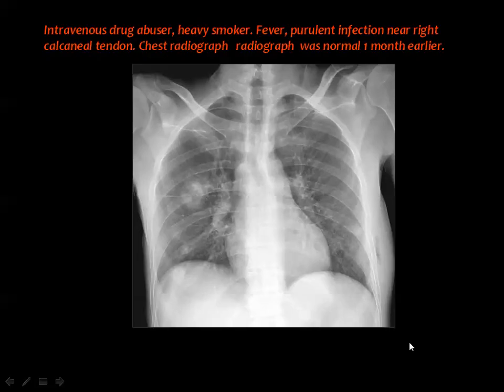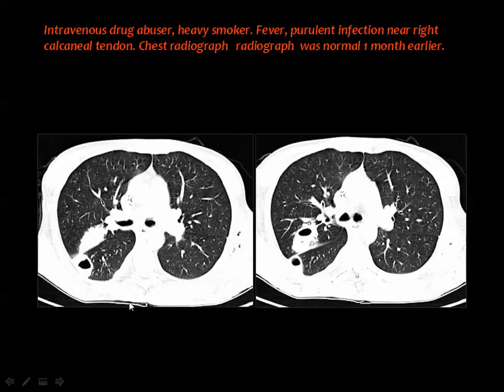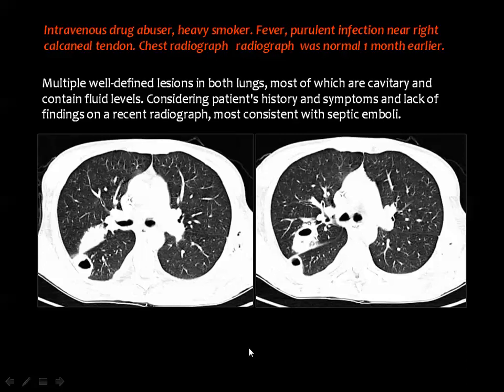Then this patient is known to be an intravenous drug abuser and heavy smoker, who developed fever and a virulent infection near the right calcaneal tendon. The chest radiograph was normal 1 month earlier, but now it shows some nodules in the right side of the lung, and the high resolution CT showed two cavitating pulmonary nodules, diagnostic of septic emboli.